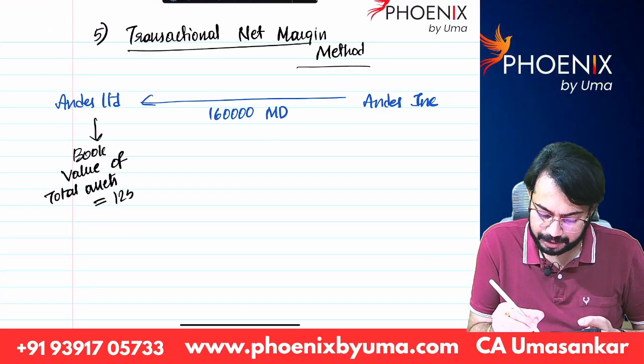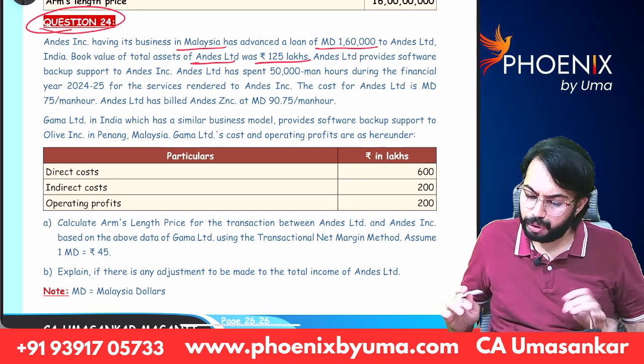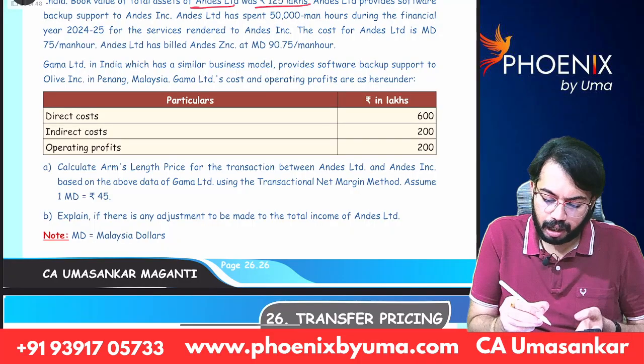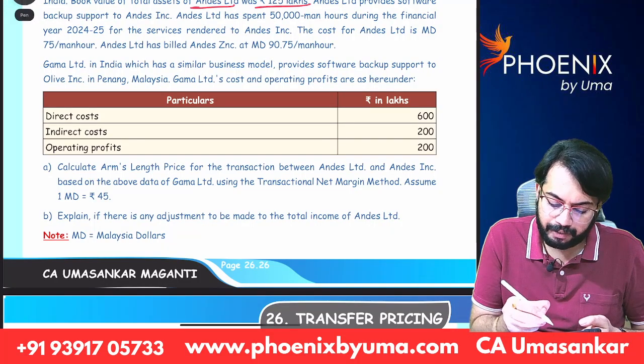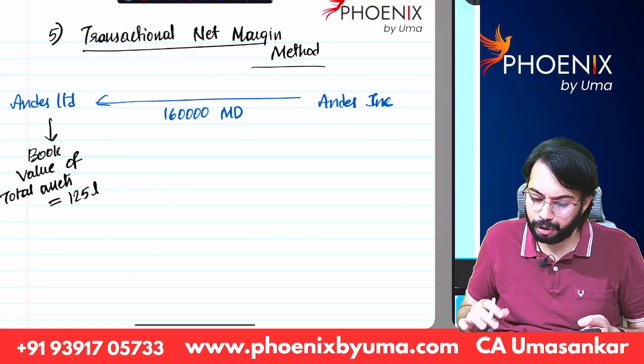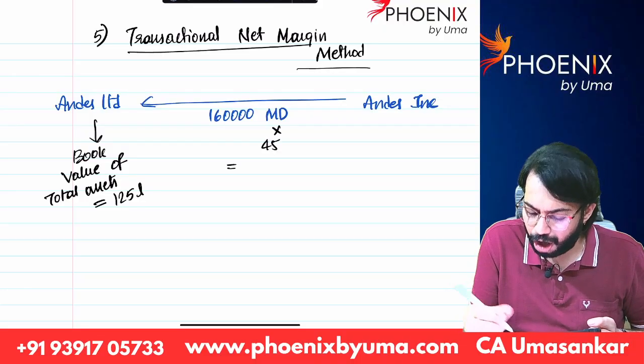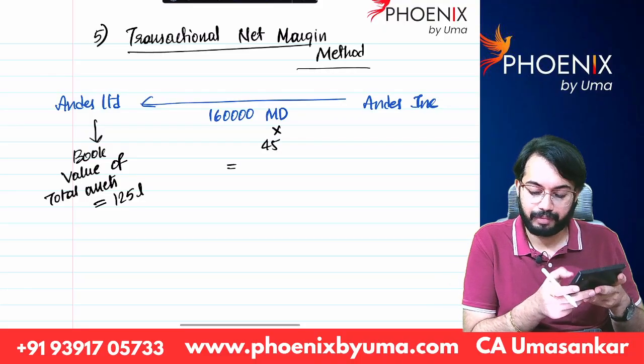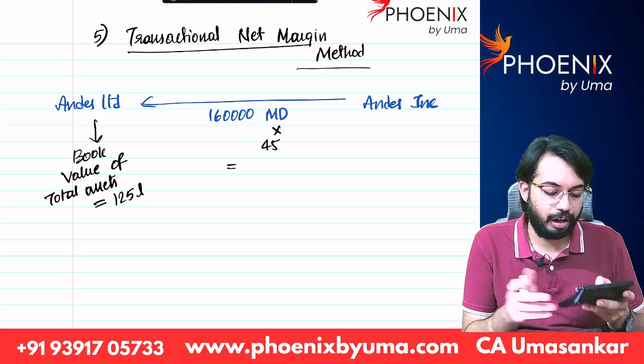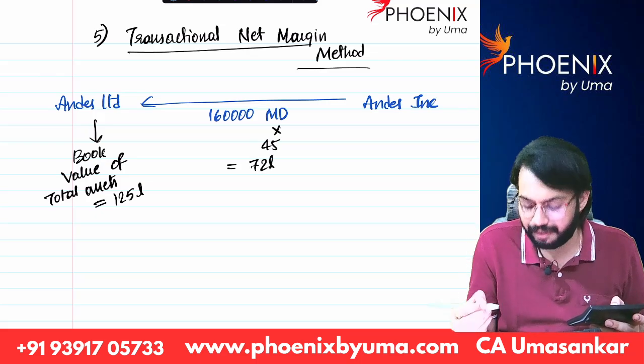Now here at the end of the question, it was given 1 Malaysian dollar is equal to 45 rupees. That means convert into Indian rupees. How much loan was given? 1,60,000 into 45, 72 lakhs loan was given.